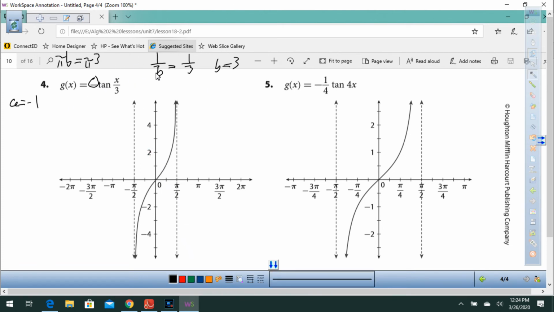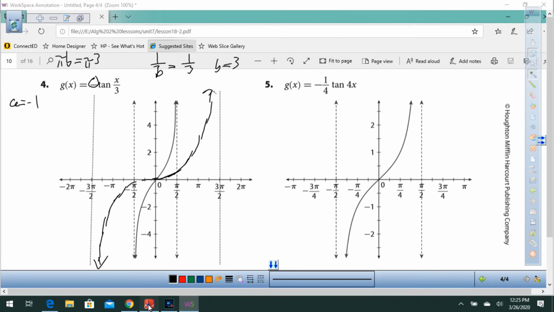Now, we have 3 pi, so we're going to have 1½ pi's over here, and we're going to have -1½ pi's over here. And then it should look something like this right here.